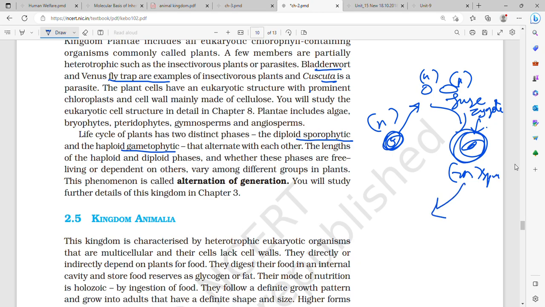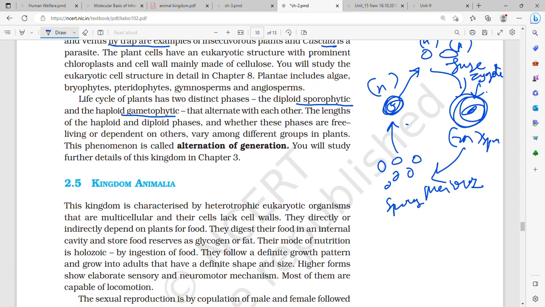Then this diploid sporophyte undergoes meiosis to form haploid spores, and then these spores form your haploid gametophyte by mitosis, and these alternate with each other.